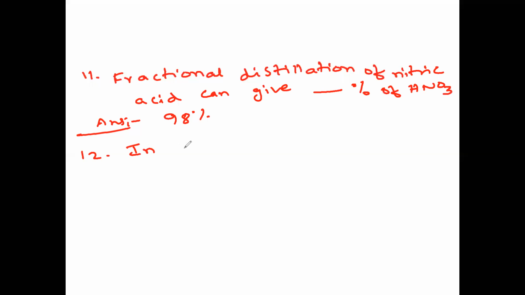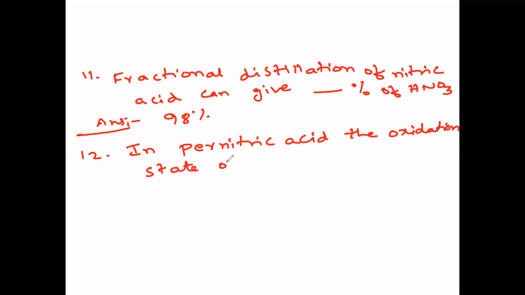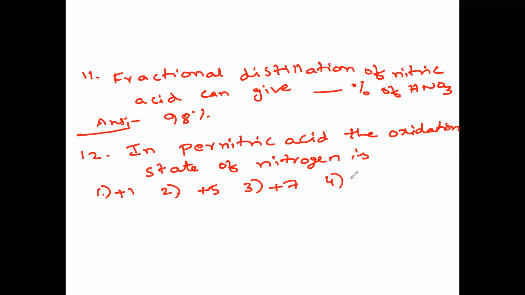In pernitric acid, the oxidation state of nitrogen is: option 1, plus 1; option 2, plus 5; option 3, plus 7; and option 4, plus 3.